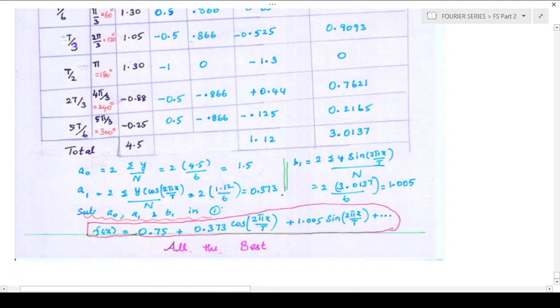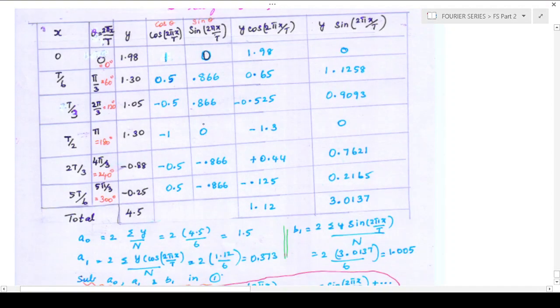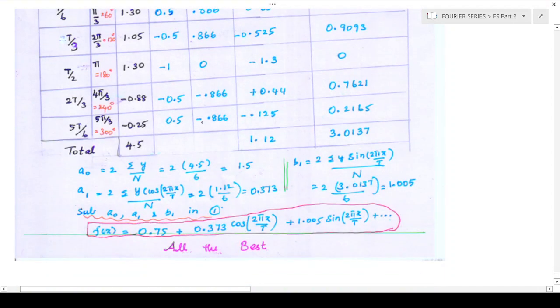The value is 0.373. Similarly, b1 equal to 2 into summation y sin 2 pi x by t divided by n. You are substituting this value to get 3.0137. You are getting your b1 value. Substitute all a0, a1, b1 values in the first equation, and you will be getting the required Fourier series up to first harmonic.